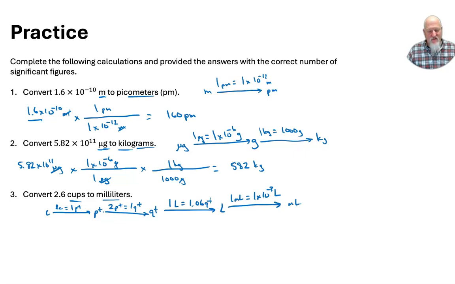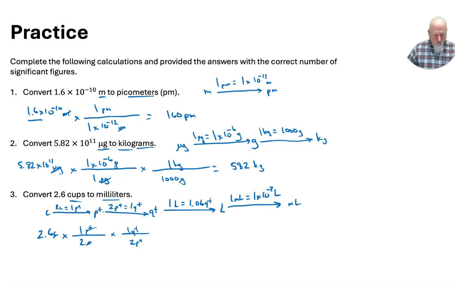Okay? So in this, I started with the English to metric unit, and then I worked my English unit to the unit I needed to use that English to metric unit, and then I used my metric conversions to get from the metric unit in that English to metric unit conversion to the metric one I want. 2.6 cups. So we have 2 cups, 1 pint. Cups cancel. 2 pints, 1 quart.